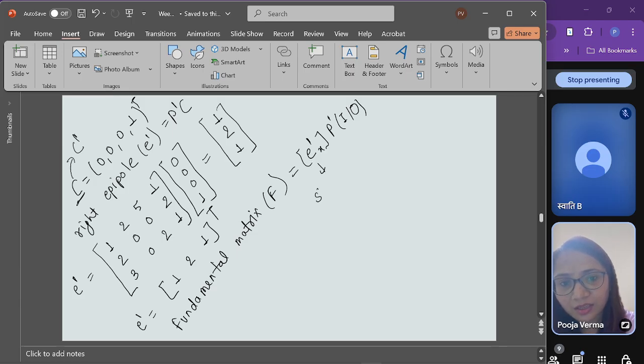It is the skew-symmetric matrix of E dash. E dash we have already calculated. So how can we write this skew-symmetric matrix for E dash?